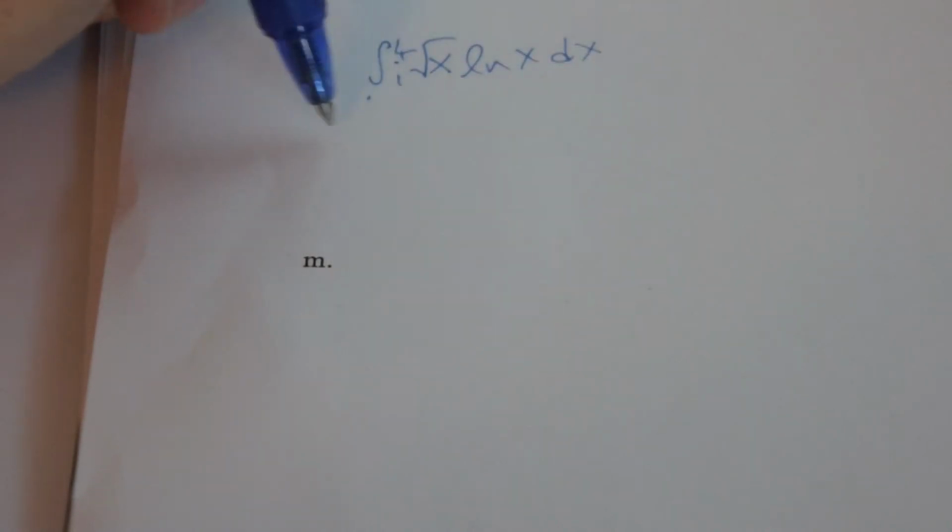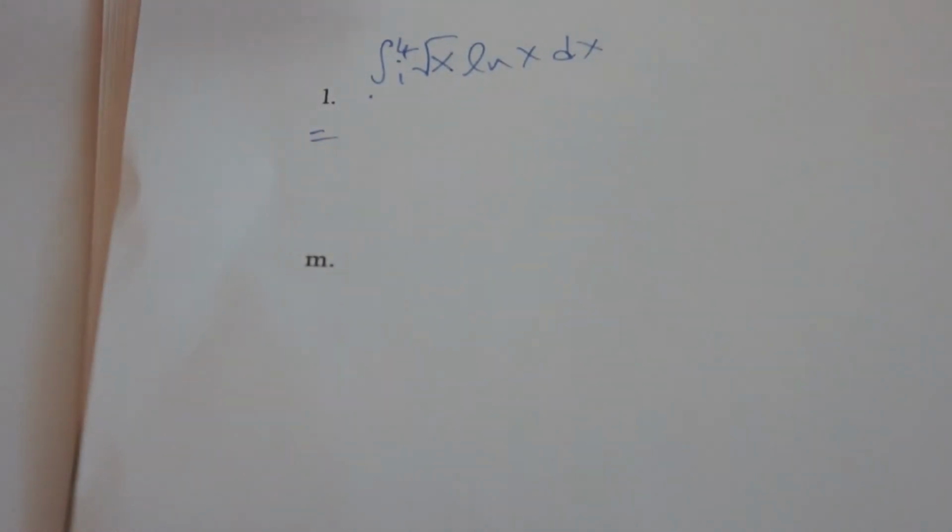For L, the question is the integral of x ln x dx. The first part is not to substitute, but to figure out which method you should use. Are you going to use substitution or integration by parts?